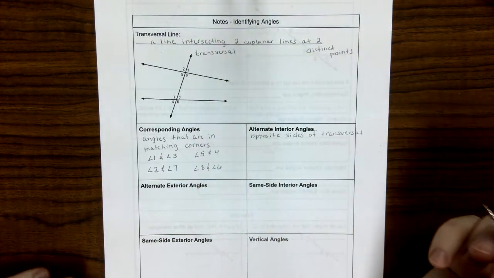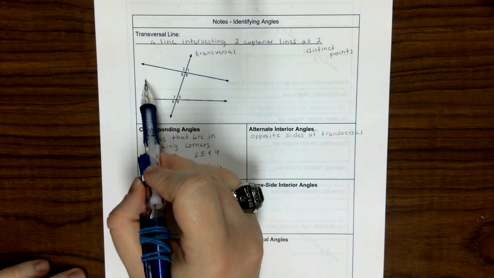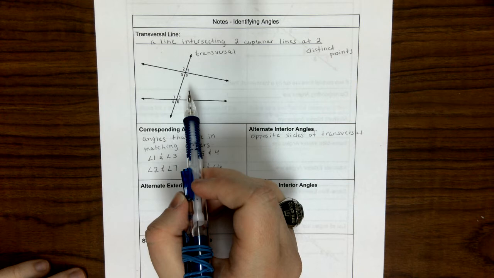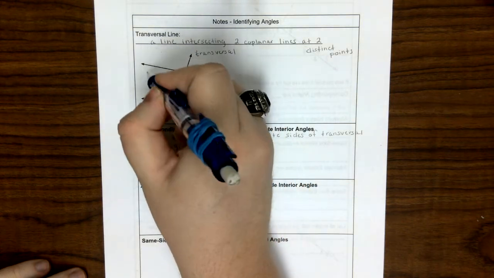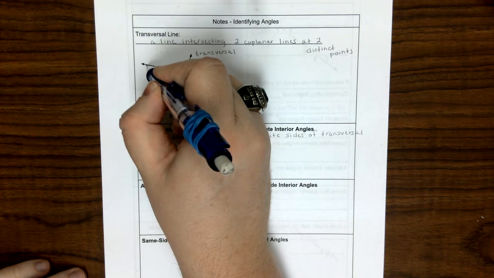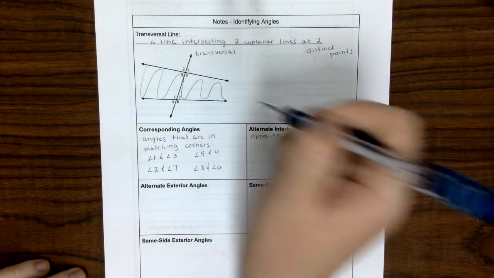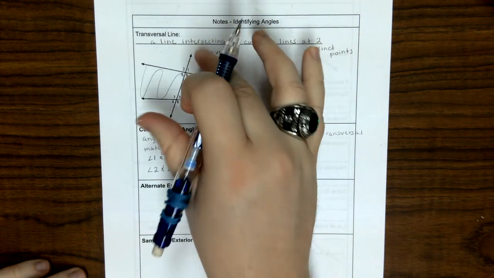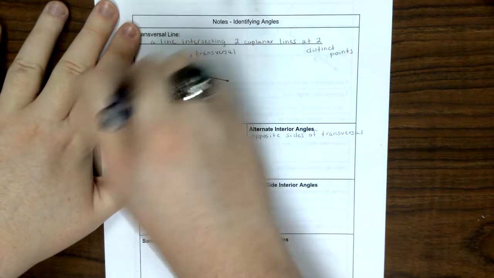The interior part refers to that they are going to be inside the area between the two coplanar lines. You can think about this, I'm going to shade it real quick, but I'll erase it. This would be the interior, and then obviously everything outside of that would be the exterior. So let me erase that because I don't want to leave that there.